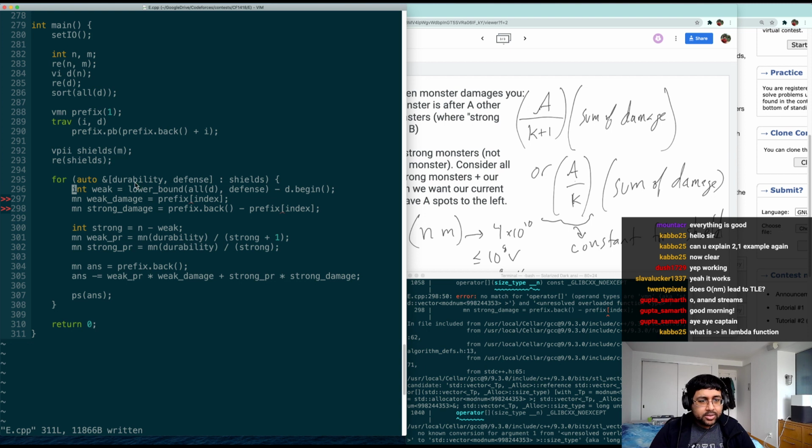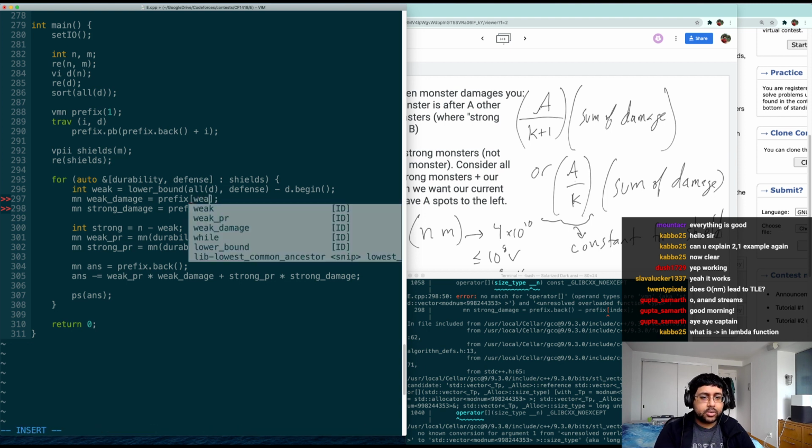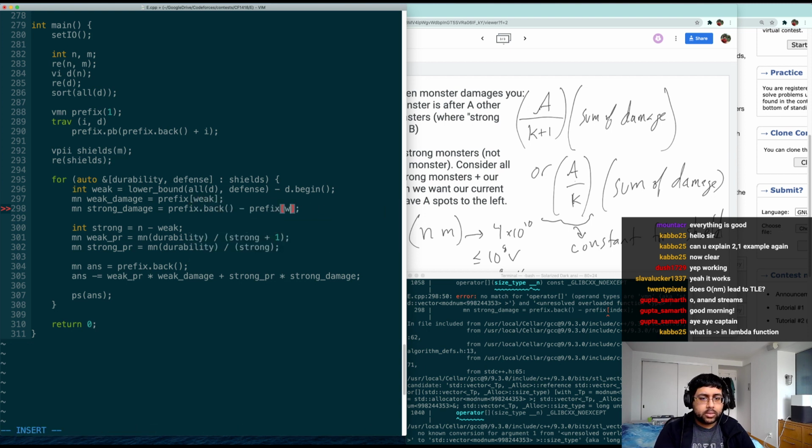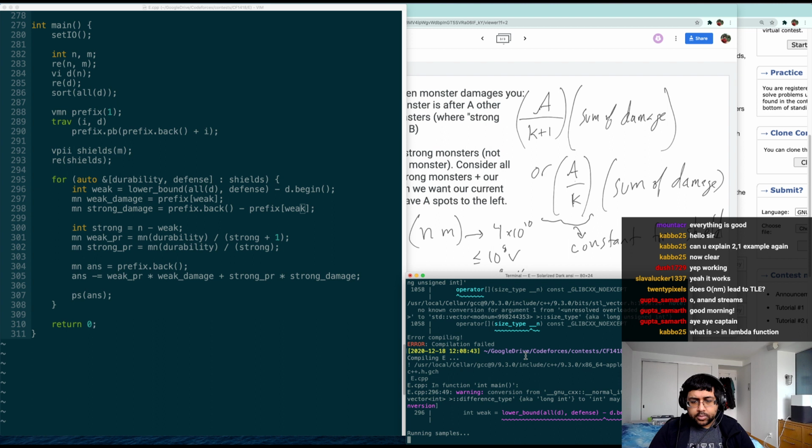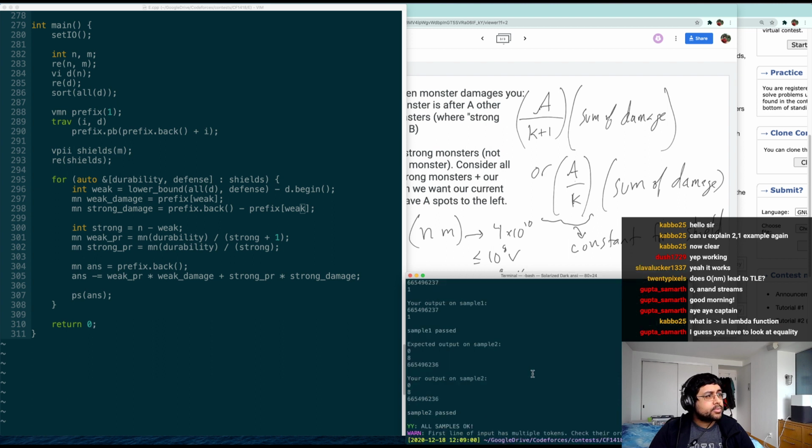I have some other... Oh, okay, yeah. So this should be weak. I guess you have to look at equality. What do you mean, look at equality? Oh, yeah, like if the monsters have the same strength, then I think I... Wait. No, I think this should be right.